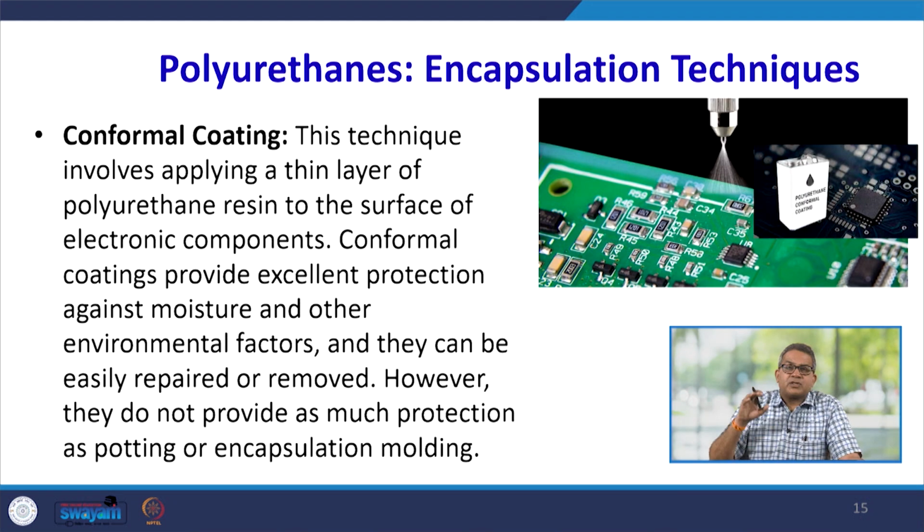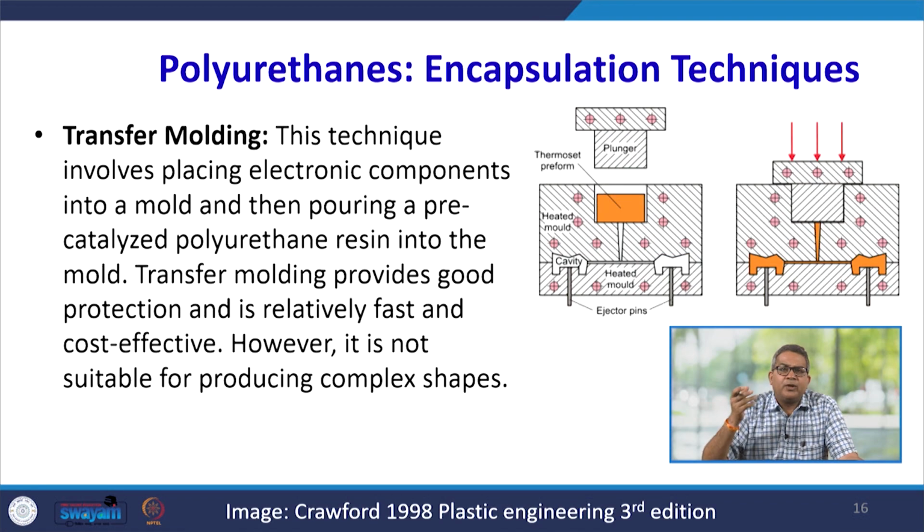Then conformal coating. This technique involves applying a thin layer of polyurethane resin to the surface of the electronic component, and conformal coating provides excellent protection against moisture and other environmental factors. It can be easily repaired and removed, but it does not provide as much protection as potting or encapsulation molding.